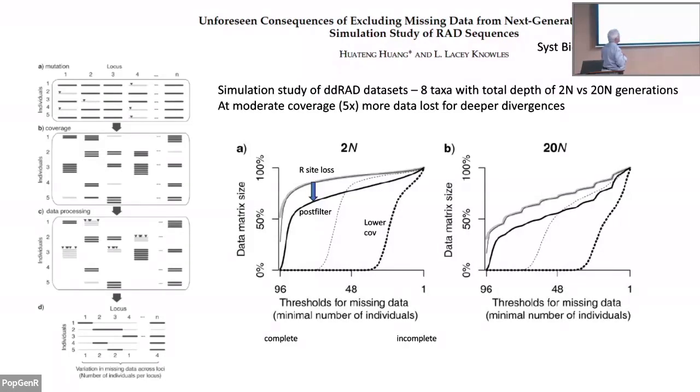This is for a recent divergence history. N is the effective population size. So this is two lineages that have diverged over 2N generations. On the right-hand side is a much deeper history where the divergence time is 20N generations. And so you've got a lot more loss of restriction sites in the data and also post-filtering loss as well.